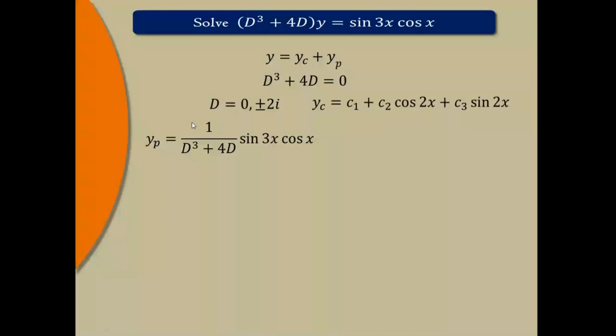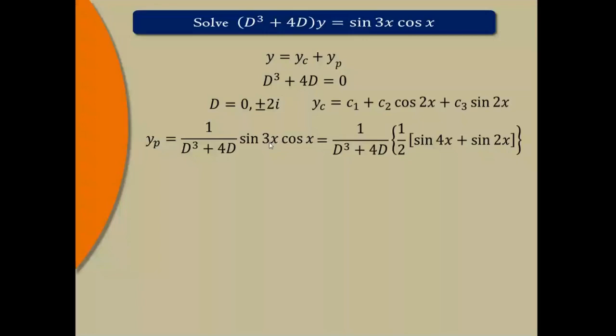To simplify this term, we have the formula for sine A cos B, which is half into sine(A plus B), that is sine 4x, plus sine(A minus B), that is 3x minus x, which is sine 2x.